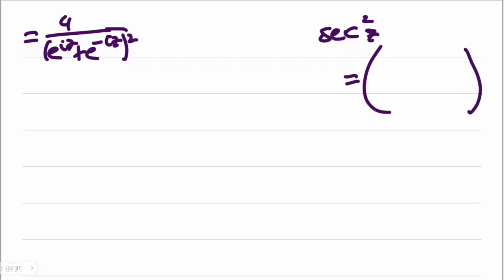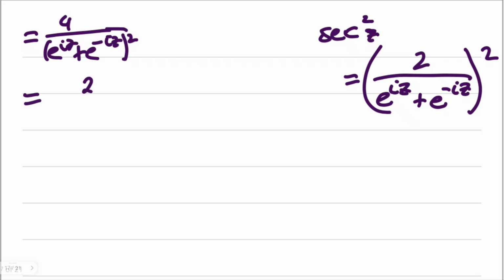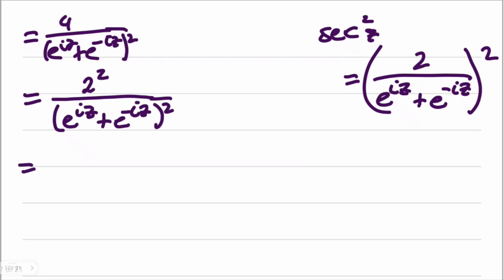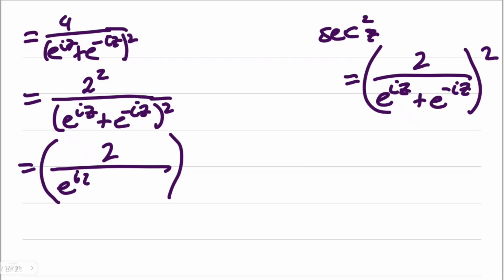You have the square of 2 over e to the power of iz plus e to the power of negative iz. From this, we can actually write 4 as 2 squared, right? So we can move out the exponent of 2 in our denominator. You have here e to the power of iz plus e to the power of negative iz, and you're squaring that. So when we take out the exponent of 2, you can rewrite it in this manner: 2 over e to the power of iz plus e to the power of negative iz, and you're squaring that.